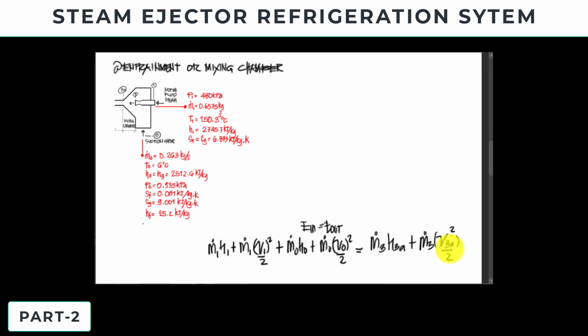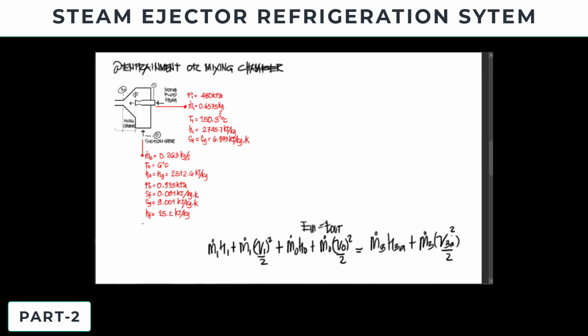Now, by doing an energy balance at this point, we may be able to solve for the enthalpy at point 3, which is leaving the entrainment or the mixing chamber, before the mixture enters the shock chamber. So we may be able to find those values.